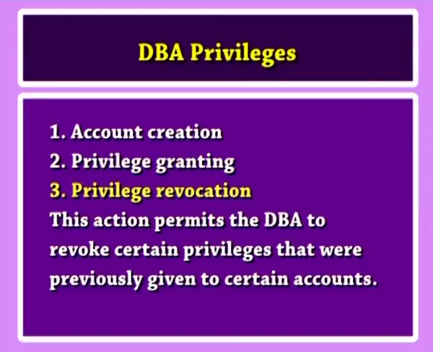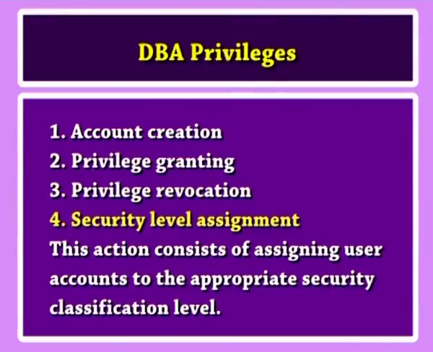Number 3, privilege revocation. This action permits the DBA to revoke or cancel certain privileges that were previously given to certain accounts. Number 4, security level assignment. This action consists of assigning user accounts to the appropriate security classification level.